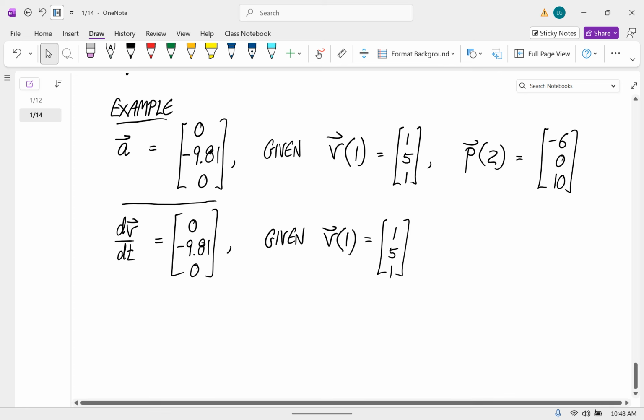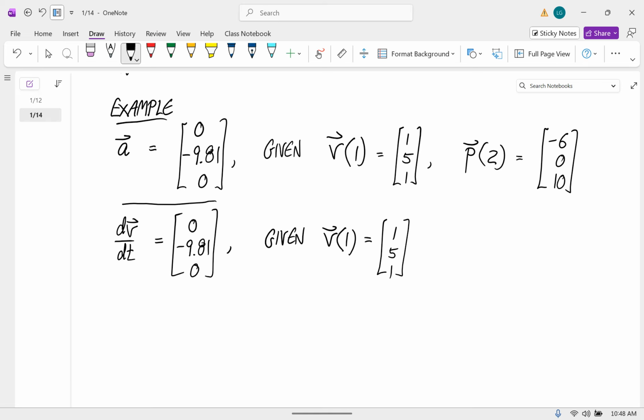And so I'm going to break this up. Really, this is three different ordinary differential equations. So you can think of this as dvx/dt equal to 0, given that vx at 1 is equal to 1.